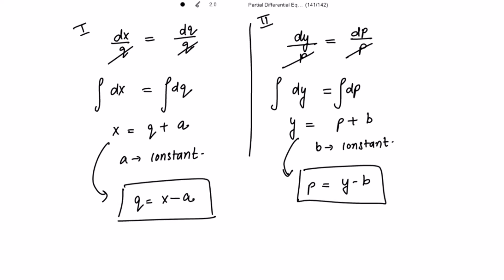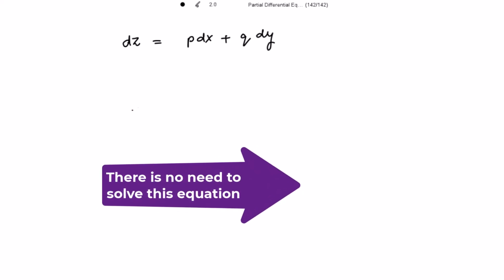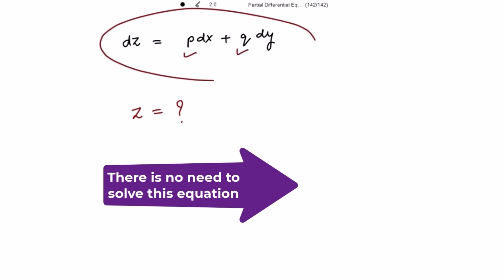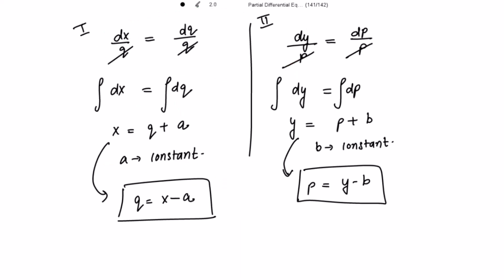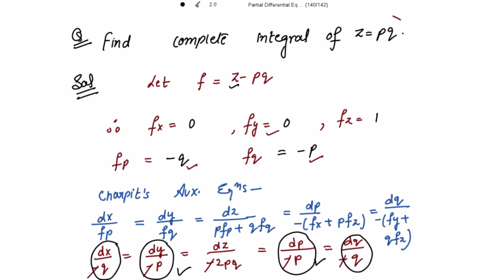And now the next step is to use the equation dz equal to p dx plus q dy, because we need to get the solution z equal to what? Instead of putting the values of p and q in this, we can also put these values directly in the given equation, z equal to pq.